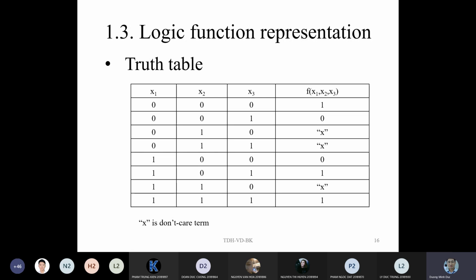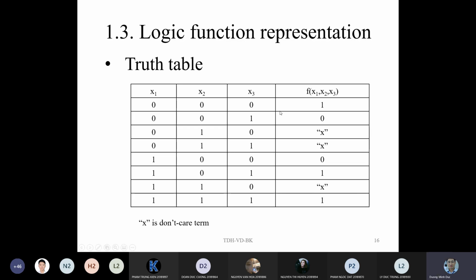Tất nhiên sau này sẽ có một khái niệm gọi là tối ưu hóa, tối thiểu hóa hàm logic. Thì bạn nên cho những ô không xác định này một giá trị 0 hoặc 1 nào đó sao cho hàm logic của mình đơn giản nhất có thể. Còn về mặt đúng sai thì nó không quan trọng.